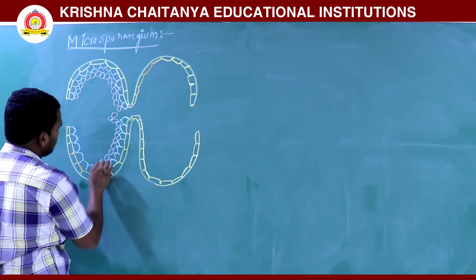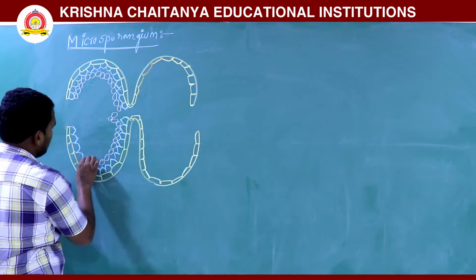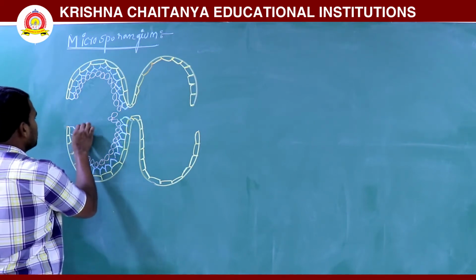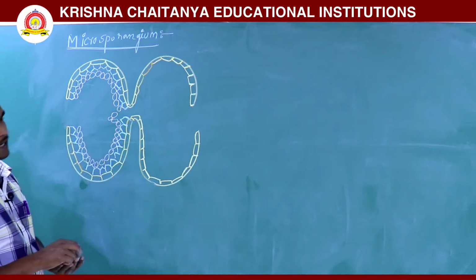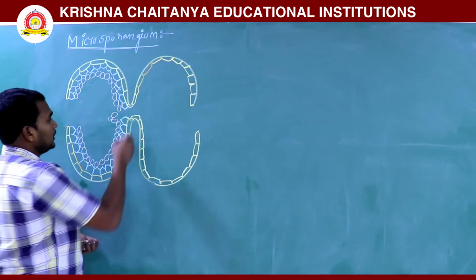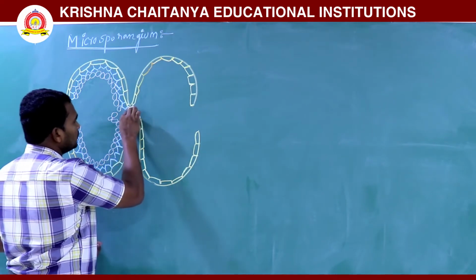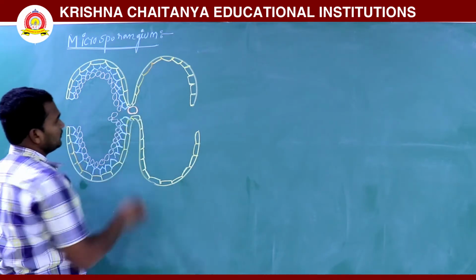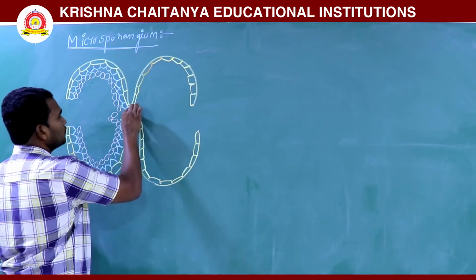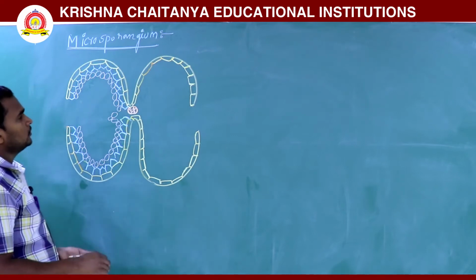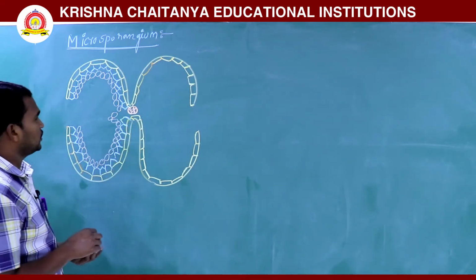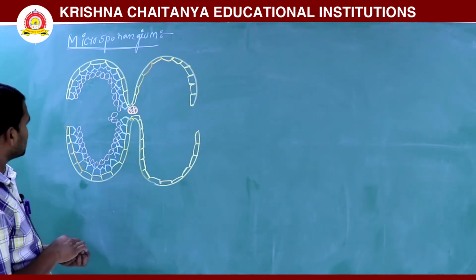The middle layer is made up of parenchyma cells. In this region there is connective tissue, and the two lobes are separated by the connective tissue. We will discuss that later.